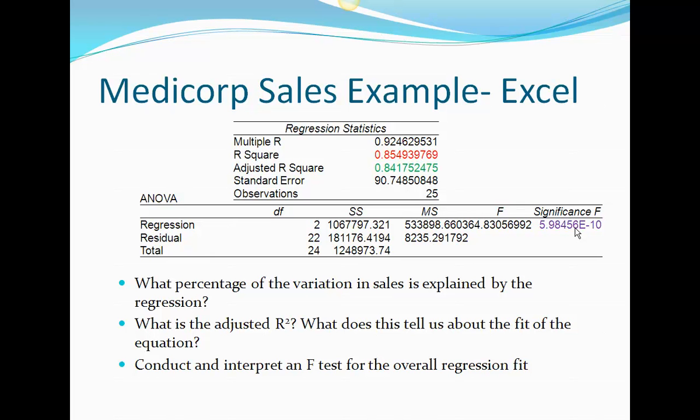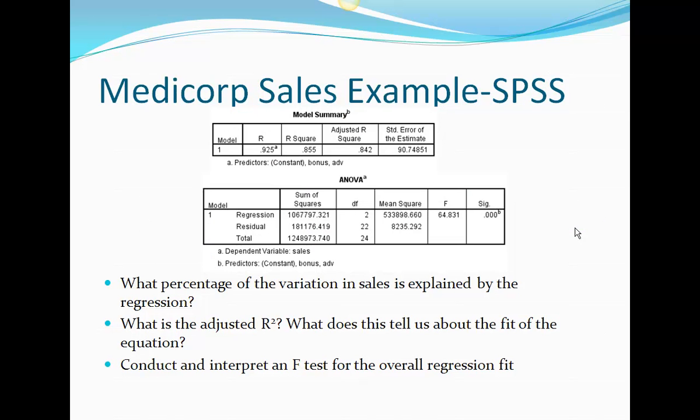And the p-value of my F statistic is definitely 0. So that's telling me that I'm 95% confident that at least one of my independent variables has a statistically significant impact on sales. And I can conclude the same thing looking here: adjusted R squared of 84.2% and the significance of my F statistic as 0.